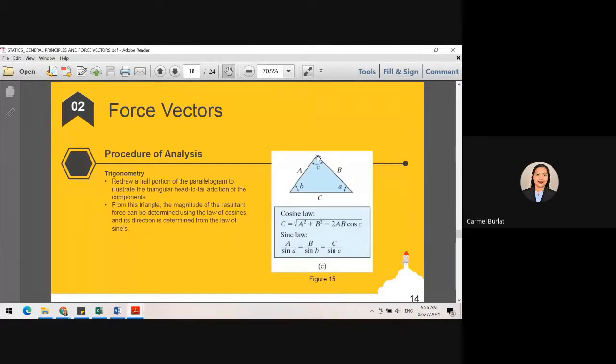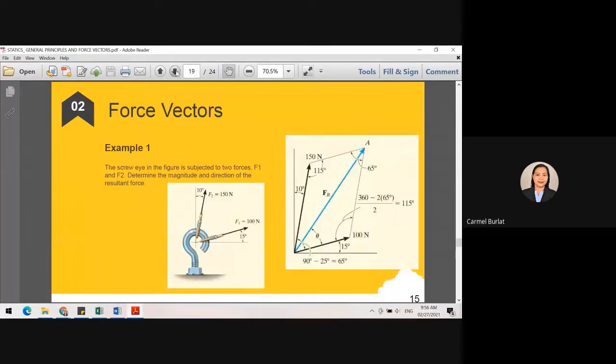But first, you need to construct this triangle here. So kani siya, in the direction, unsa direction ani niya, unsa ning angle.